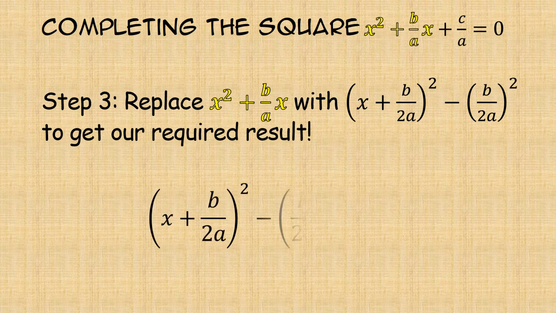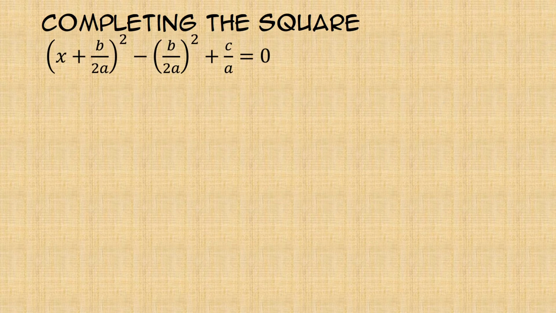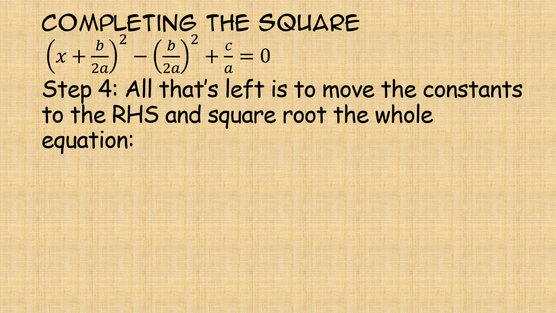Now everything else in the equation are constants. We know what b over 2a is, we know what c is, and we know what a is. So we just need to sub everything into the equation and rearrange to solve it just like any other equation. So we move what we know to the right hand side and then square root it.